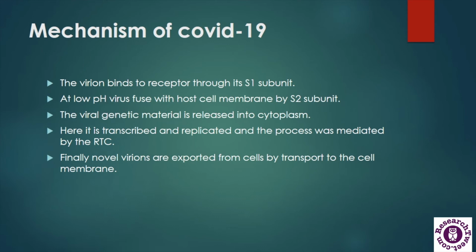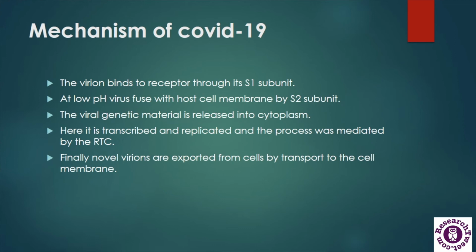After that, it is transcribed and replicated, and this process is mediated by different replication and transcription complexes. Finally, the virions replicated and transcribed by these complexes are exported to the endoplasmic reticulum, transported to the cell membrane, and then exported outside of the cell.